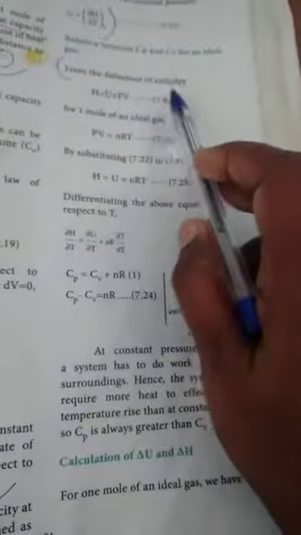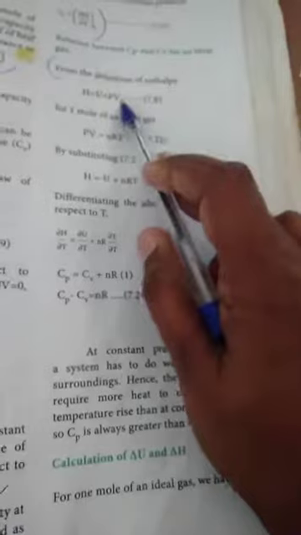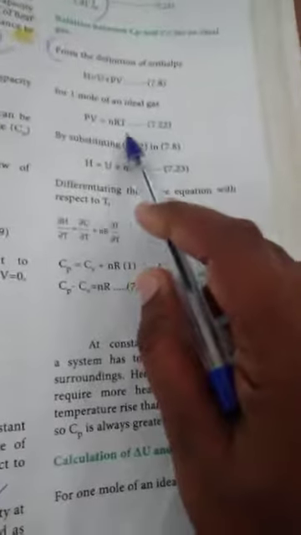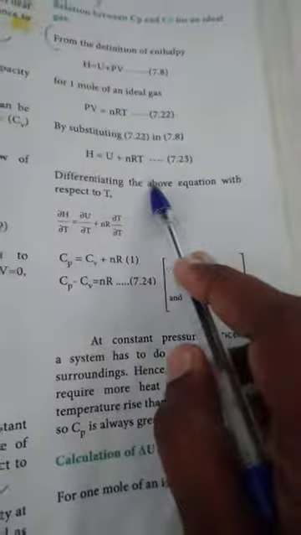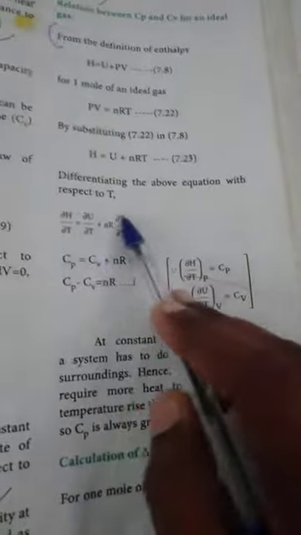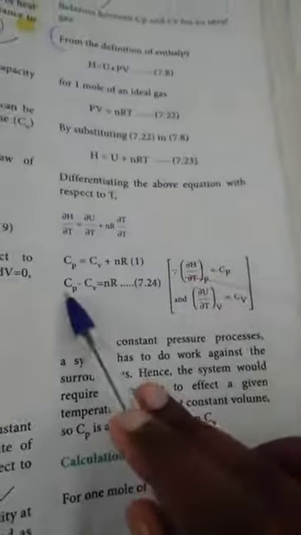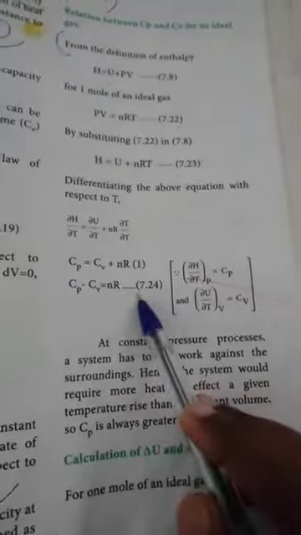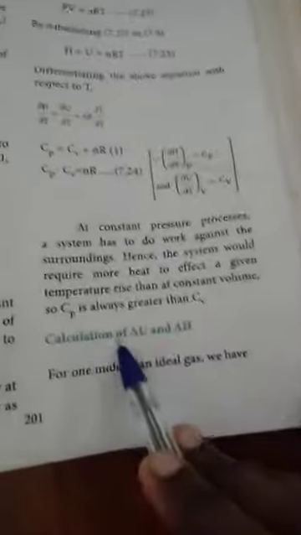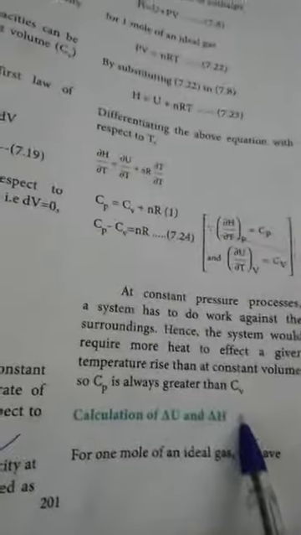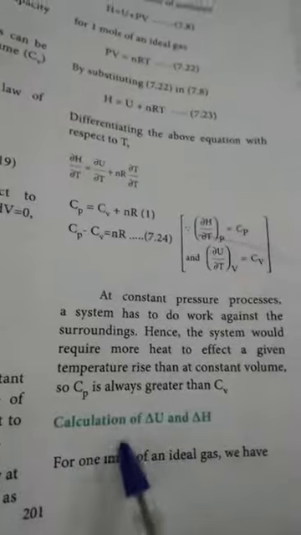From the definition of enthalpy formula, then the ideal gas equation, you can substitute this PV formula, then differentiate this equation with respect to temperature. Then this is Cp and Cv. If you substitute, you get this answer. This is the derivation. Then continuously you can calculate delta u and delta H.